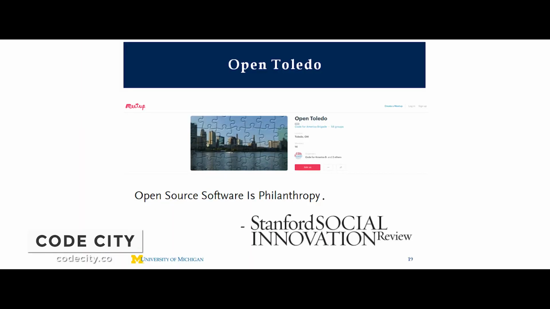Those two technologies are about increasing civic engagement through technology and helping government to run more efficiently. I have this quote from an article in the Stanford Social Innovation Review that talks about how open source software is a form of philanthropy. I'm encouraging anybody who's interested to look into Open Toledo and see how we can work together.